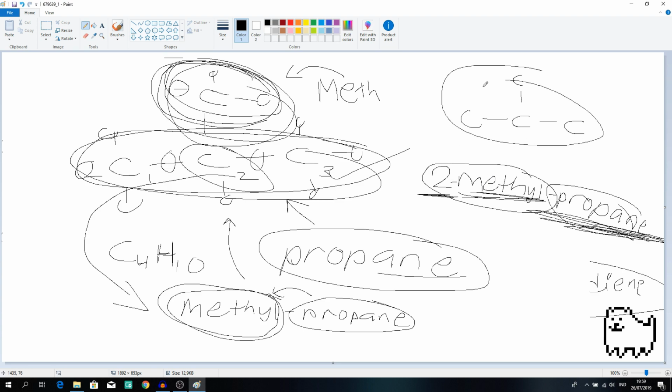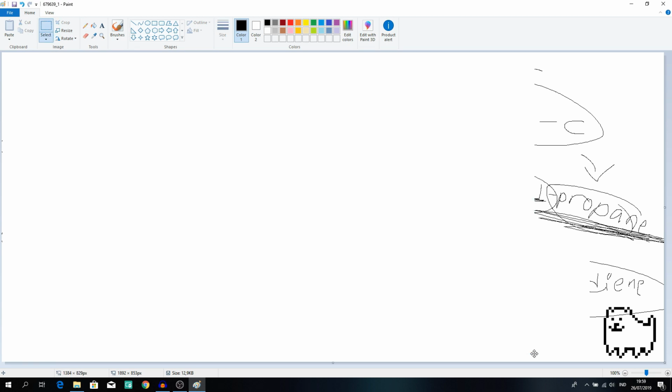So that's how you name multiple branched carbon compounds. More examples, to make sure that you understand.